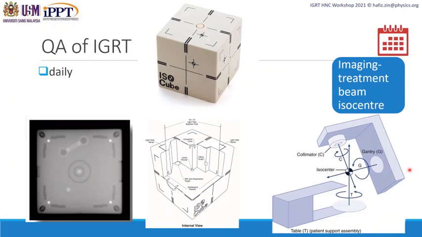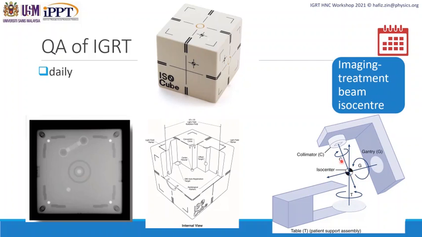So over here is an illustration of the imaging and treatment beam isocenter concept. As shown in this figure, the isocenter is the point in the middle of the linac rotation. We have the collimator rotating around this axis, and the gantry also rotating around this axis, meaning that the gantry is always at the same distance from the isocenter, and the table is also rotating around this point.